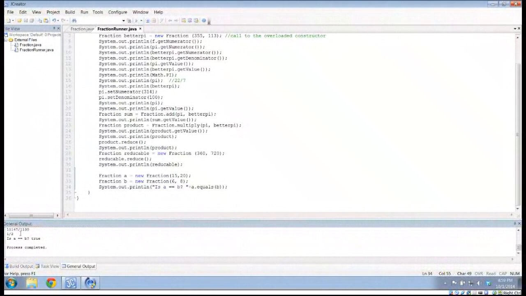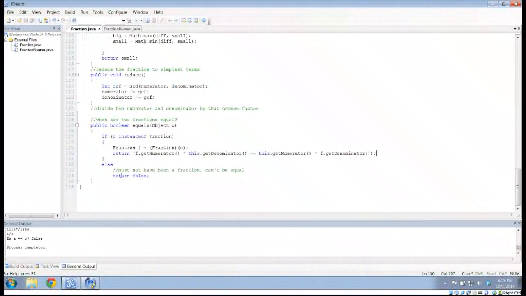And notice it says A is equal to B, and it's true. If I were to change this to say 6/7 instead of 6/8, now I'm dealing with a different fraction, and that calculation is now false. So I'm going to leave it like this for a second while I talk about my compareTo method.